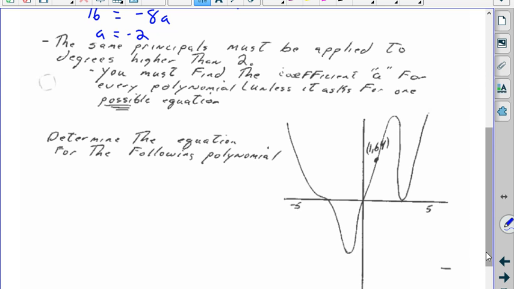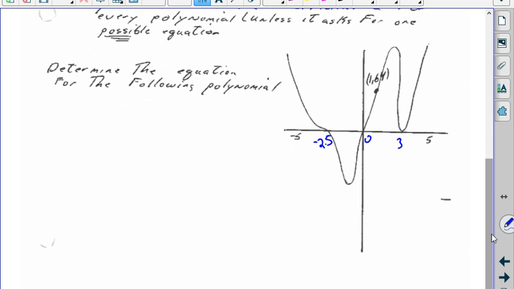Now, I'm going to say it's -2.5, 0, and 3. This might be a little bit awkward in terms of the fraction, but the process stays the same.